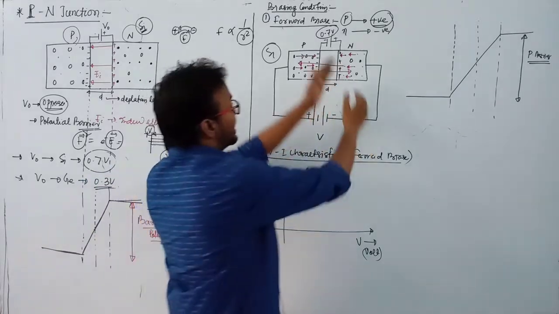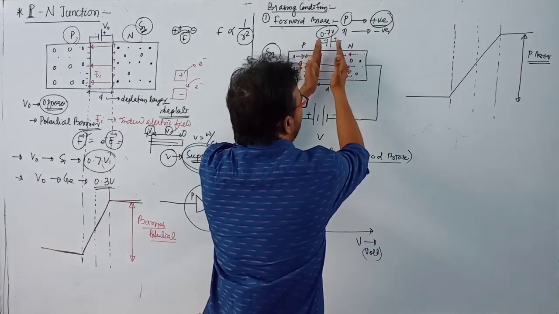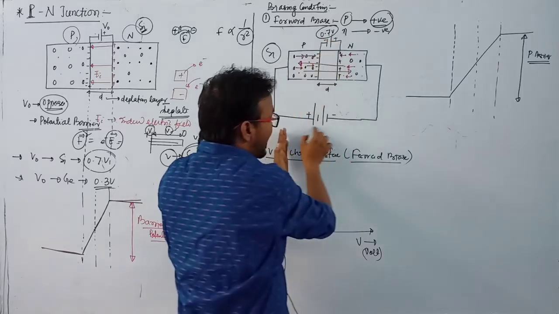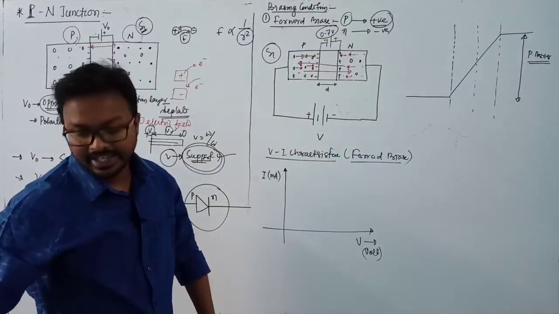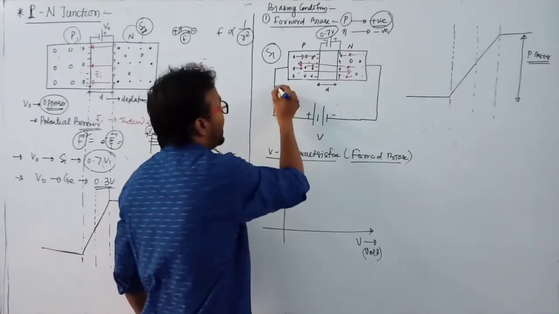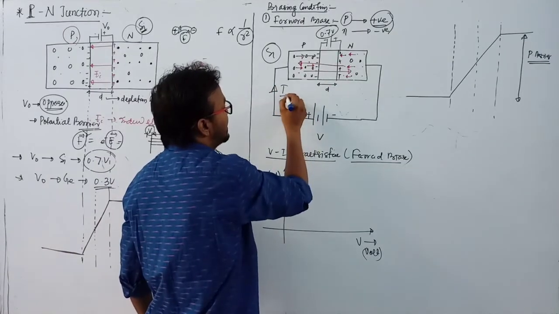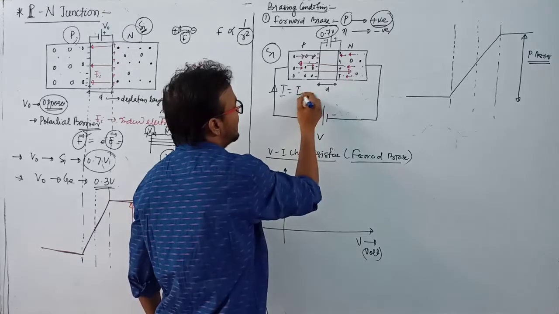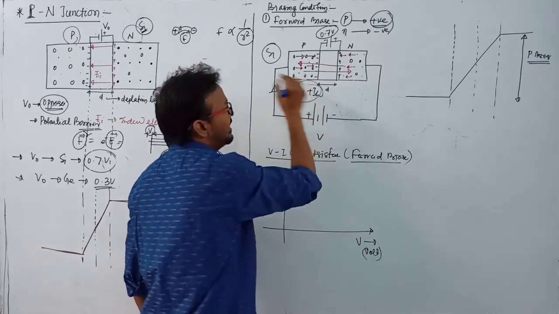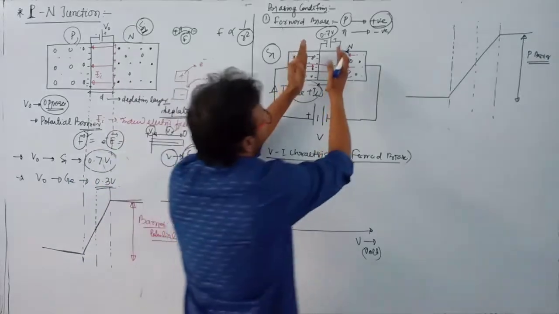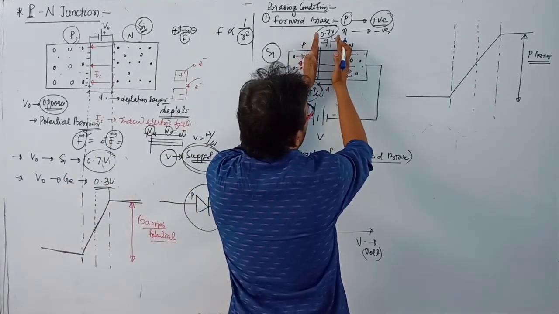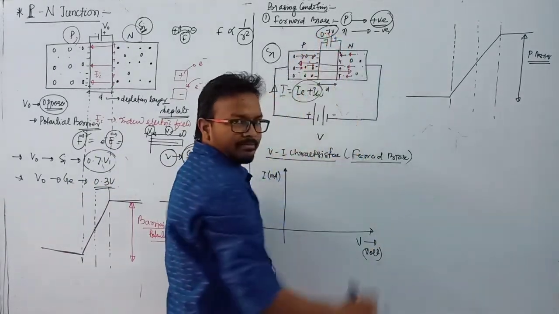First we have to eliminate this barrier by applying potential. That's why it is known as forward bias, and in this case the current flowing through the circuit is I equal to IE plus IH. Clear? And in this case the potential barrier decreases.